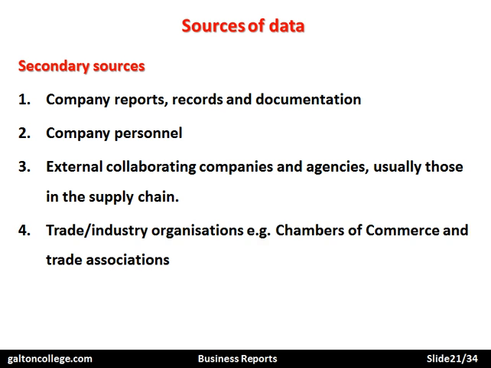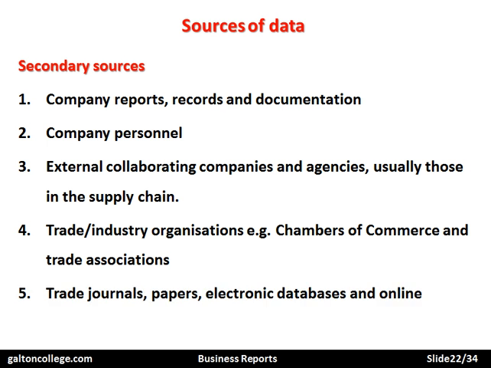Trade and industry organisations are a good source of secondary information. Chambers of Commerce, for example, and trade associations, they normally keep a lot of information, and they have libraries which members may access.